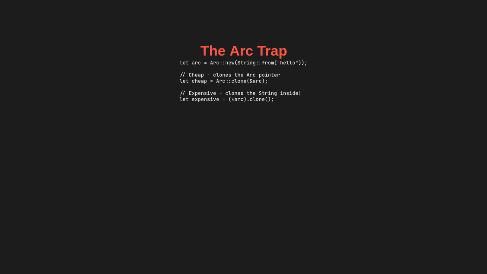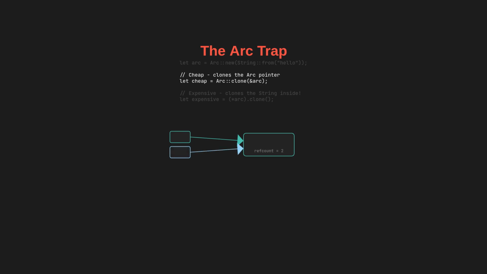But here's where people get tripped up. There are two ways to clone when you have an Arc pointer, and they do very different things. So let's look at this, where we are defining an Arc with a string called hello, and we are cloning that Arc string into a cheap variable, and we are cloning that same into an expensive variable.